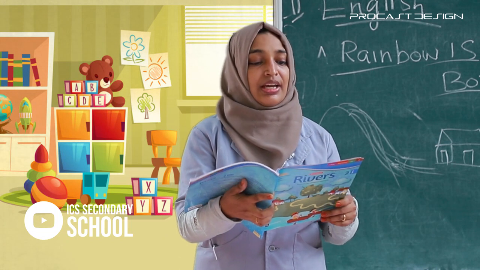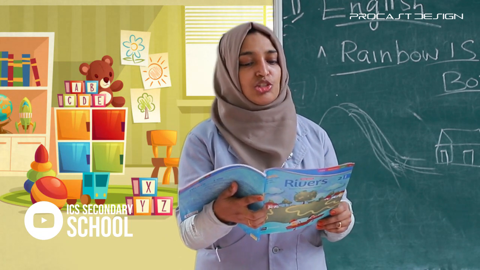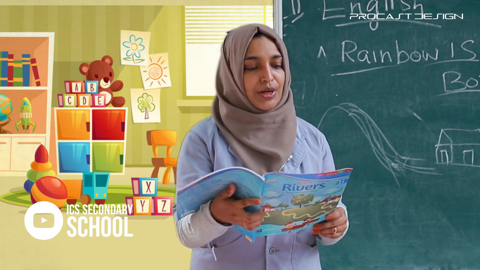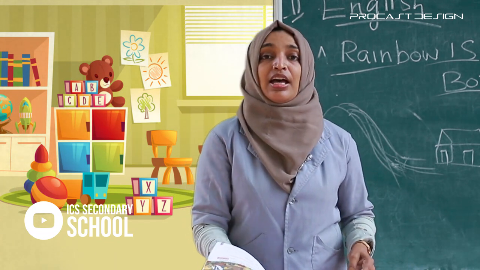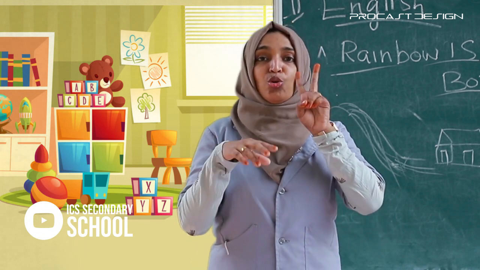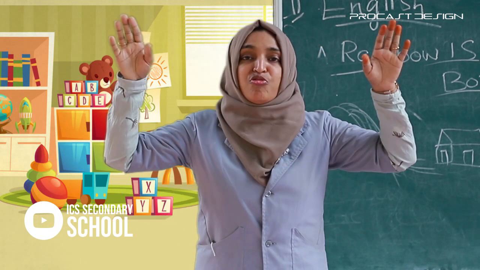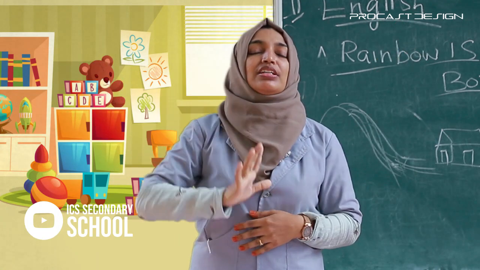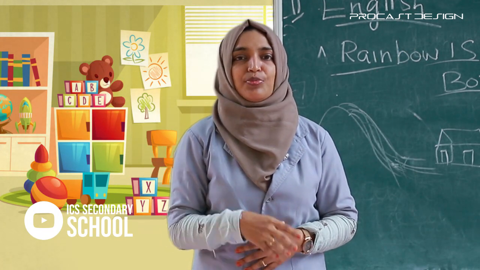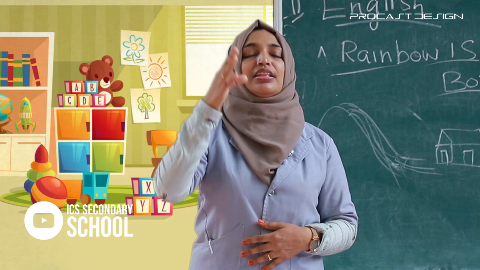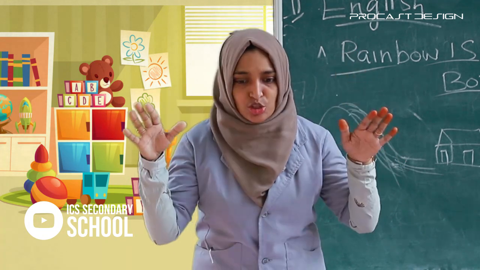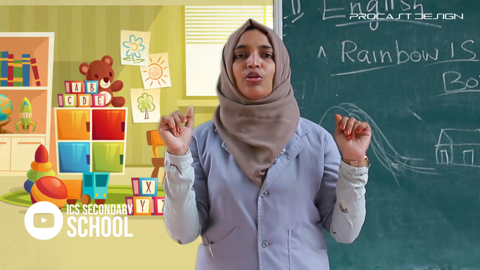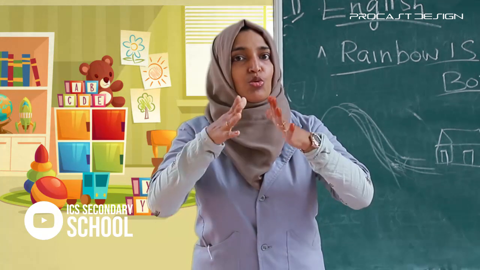As they flew down, they saw Bob dipping his brush into the pot of colors. This gave them an idea. Okay, two small birds are flying in the sky. When they looked from the sky, they saw Bob doing something.